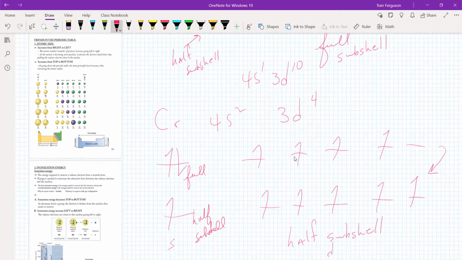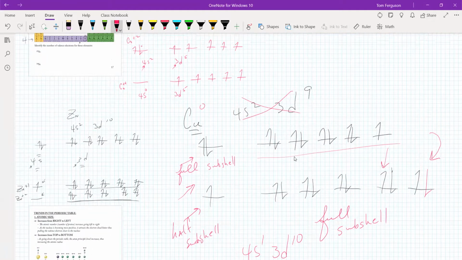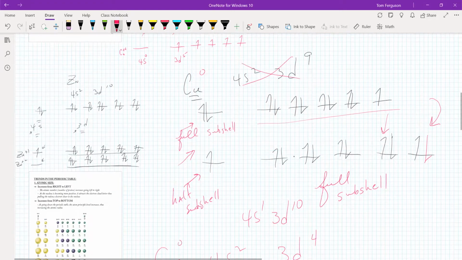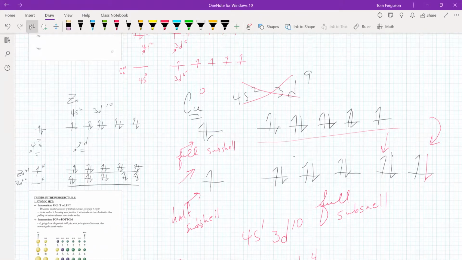Okay, so that's as complicated as this class is going to get, those two examples. And we're talking about, by the way, copper metal, chromium metal. Now, copper can form ions.